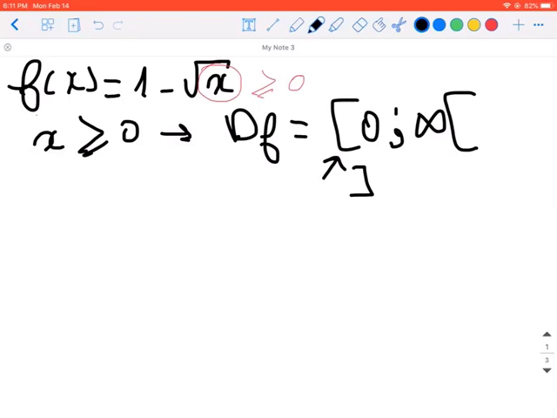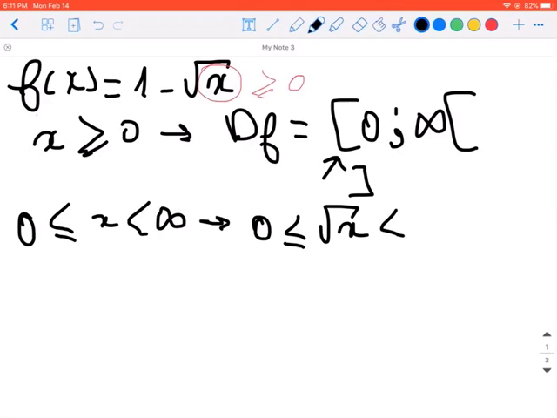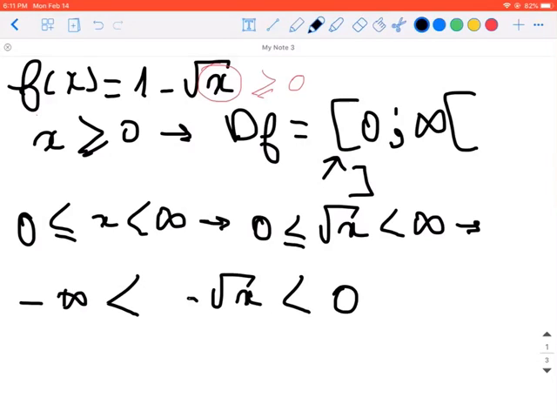Now to determine the range of f, we start like we did before with the domain. So we put that x is between 0 and infinity. So radical x is also between 0 and infinity. So minus radical x is between minus infinity and 0.